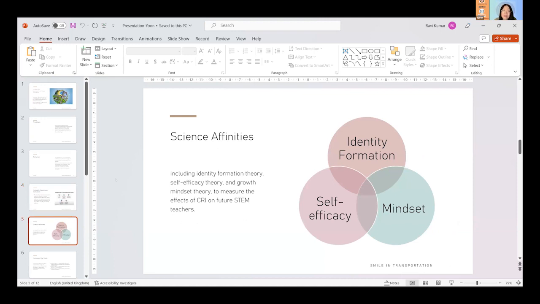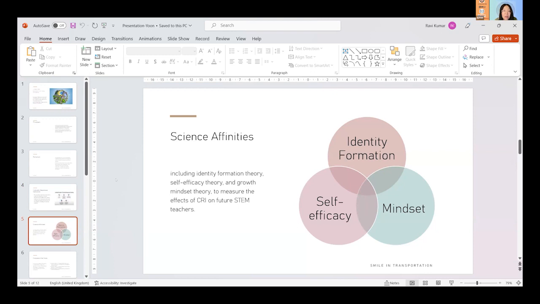The STEM affinity means the individual self-efficacy and mindset, and also their identity. So these three theories combined.